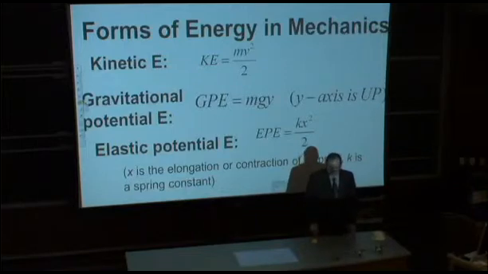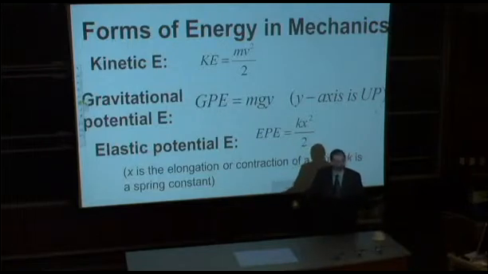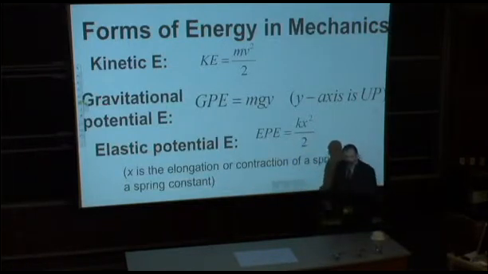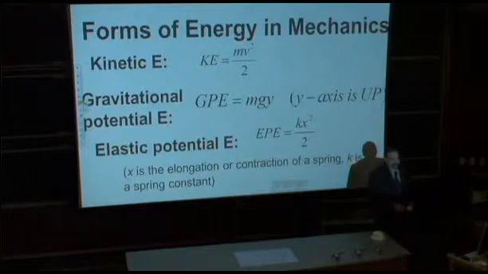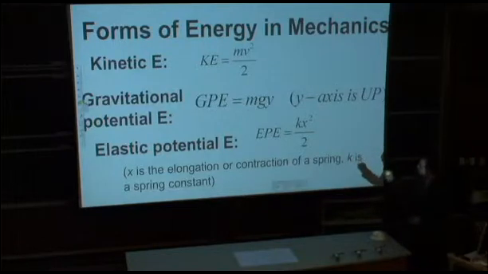So when an object is at rest, relative to a given reference frame, it has no kinetic energy. If it's moving, it has. If it moves faster and faster, kinetic energy is higher and higher. Next important form of energy, gravitational potential energy, mgy. Y is that ruler we use to measure height.